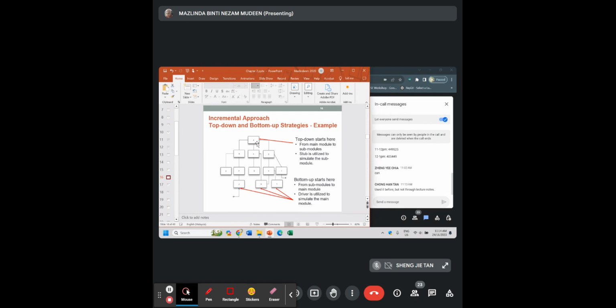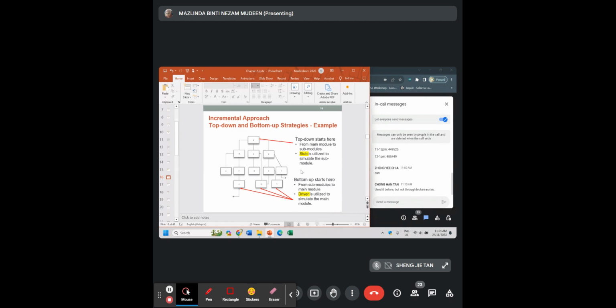When we want to use this dummy code, especially in the incremental approach, we need to decide whether we need a driver or a stub. Both of these keywords, stub and driver, actually refer to dummy code, but the term used is based on when we will use it.